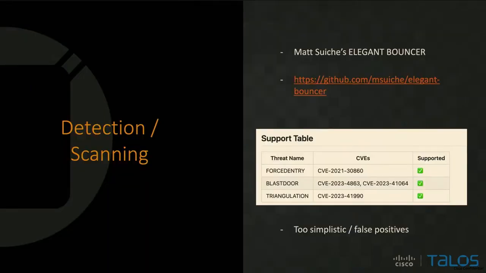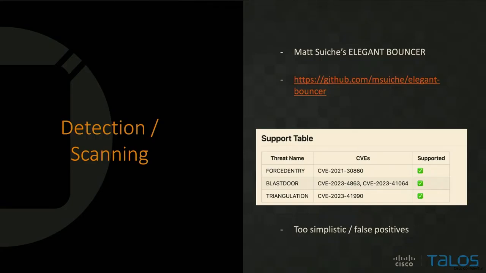Another motivation for dissecting these vulnerabilities is to potentially come up with detection methods, signatures that we could apply to various places to catch samples in the wild. Since the vulnerability is public, chances are someone else is going to look into it and try to abuse it, which didn't really happen in this case, but it can happen in general. I would like to mention Matt Suiche's Elegant Bouncer tool.